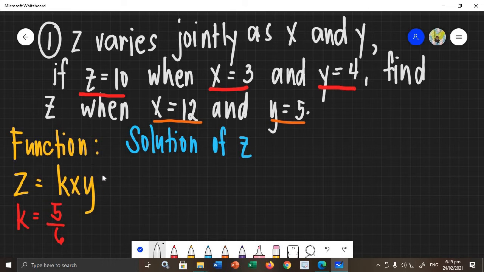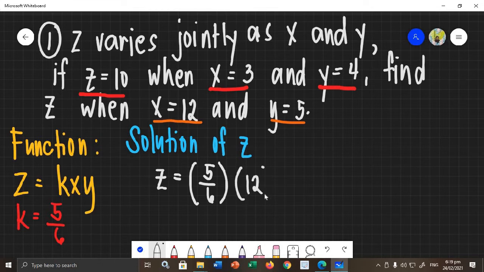So again, using the function that we derived, we have Z is equal to, our K is 5 over 6. So just write 5 over 6. And then our X is equal to 12. We use the second given of X, okay? And then our Y is 5.